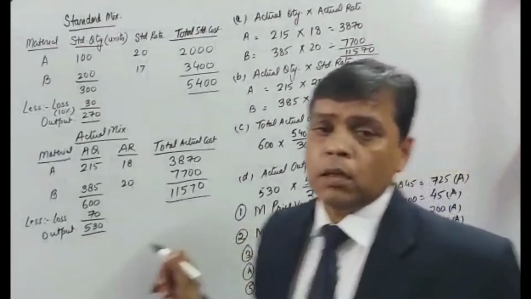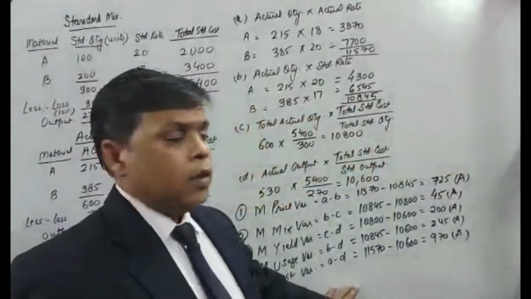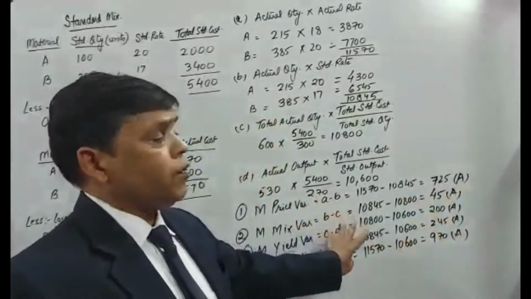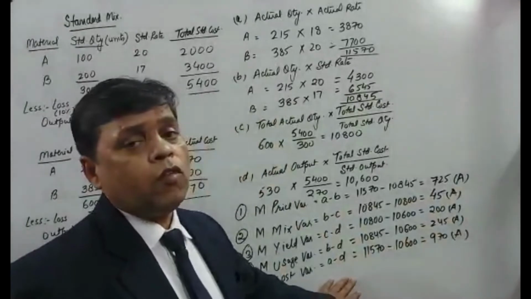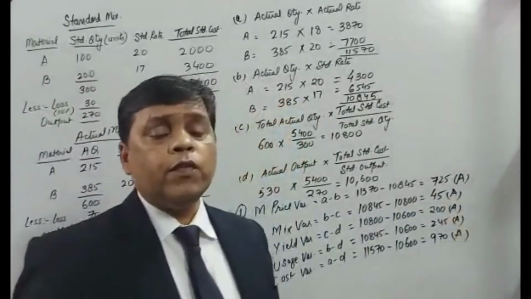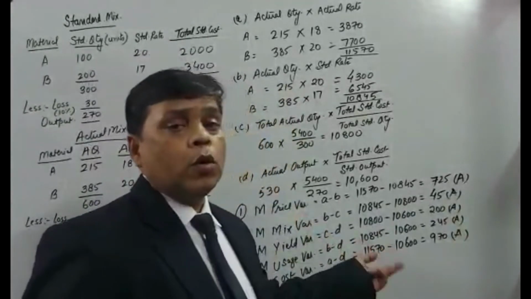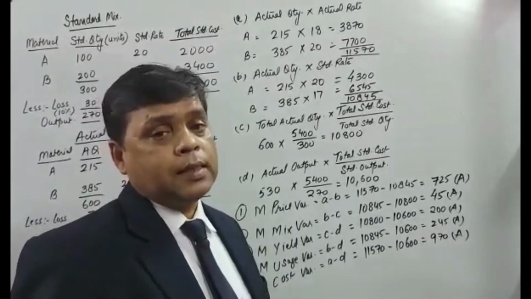So in our methodology of calculating the material variance, if the answer is coming positive, it means the variance is adverse, and if the answer is coming negative, it means the variance is favorable. We never put the signs of plus or minus. We always denote it with either adverse or favorable. Adverse means what we have estimated, we have spent more. Favorable means what we have estimated, we have spent less, right?